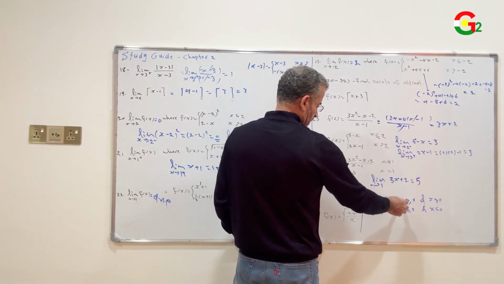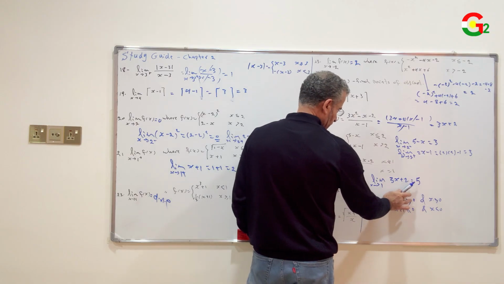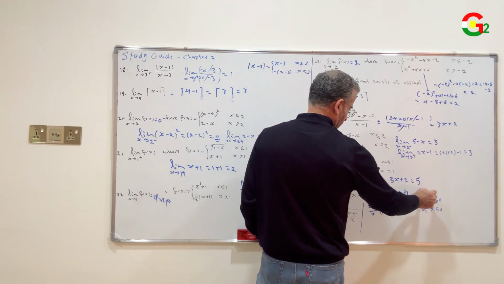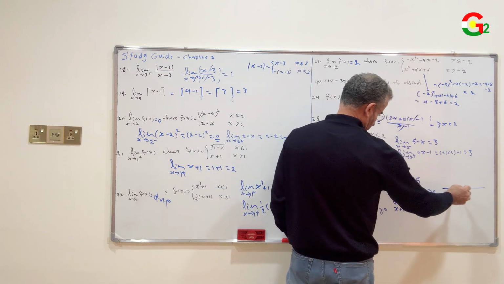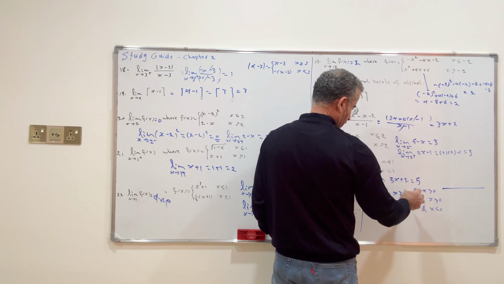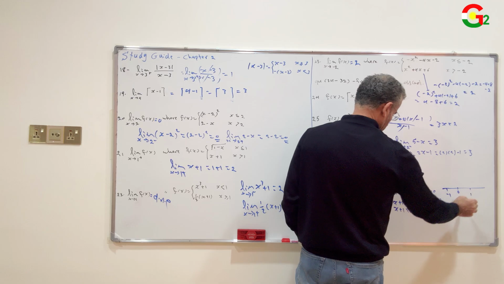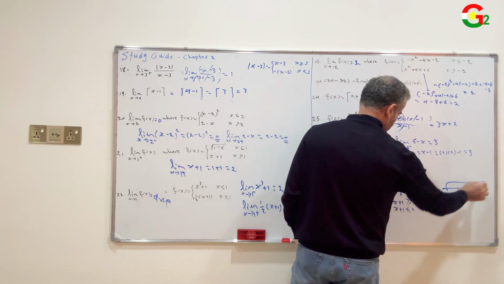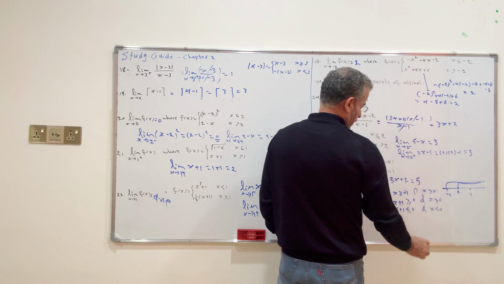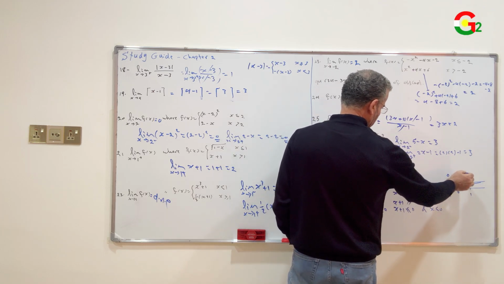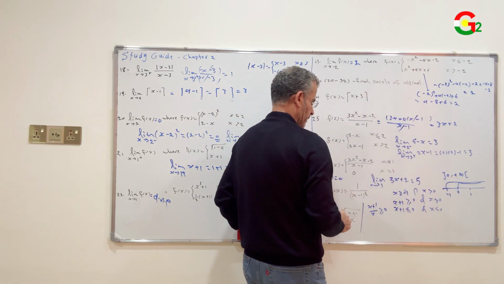Now, x plus 1 greater than or equal to 0 means x greater than or equal to negative 1, and x greater than 0. Let us check the intersection of these two intervals. This is 0, this is negative 1, this is 1. x greater than negative 1, x greater than 0, then the intersection is 0 to positive infinity without 0, since 0 is not in this interval.